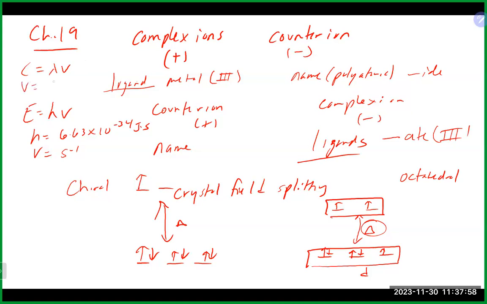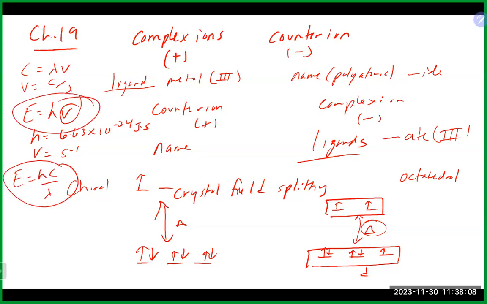That means our frequency would be c divided by the wavelength, which can get substituted into here. That would give us E is equal to hc over the wavelength. So either knowing the wavelength or the frequency of a photon of light to energize those electrons from lower energy d orbitals to higher energy d orbitals, you can figure out the energy split that occurs there. Any questions up there?